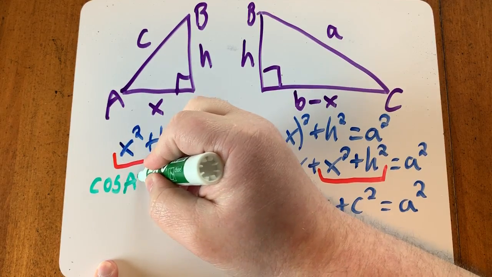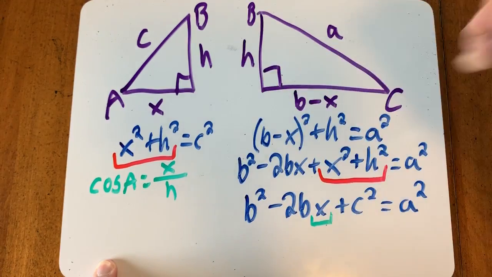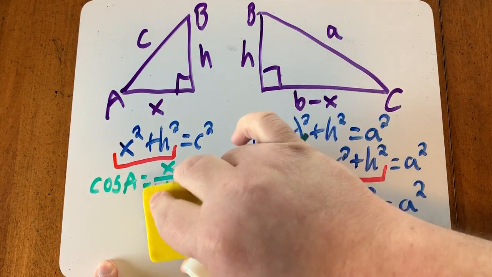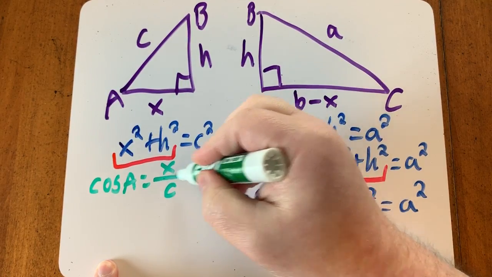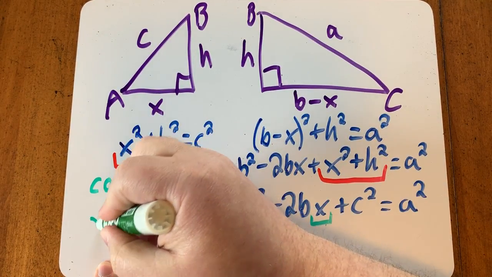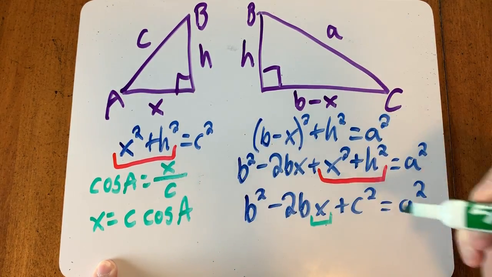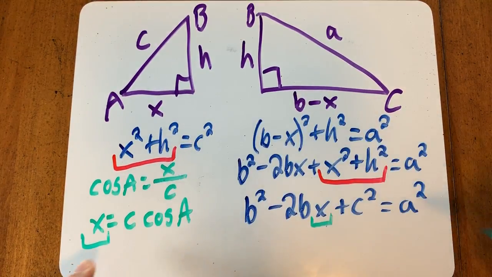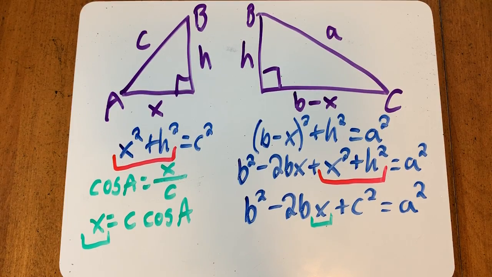So cosine of A equals x over c. My apologies. So multiply both sides by c. x equals c cosine of A. Hey, so now we have x in terms of things that are from the original triangle.